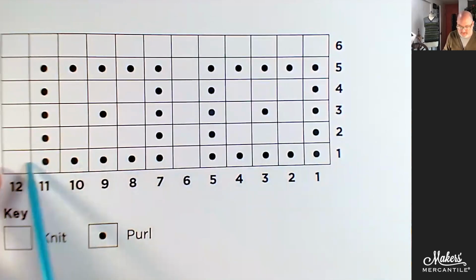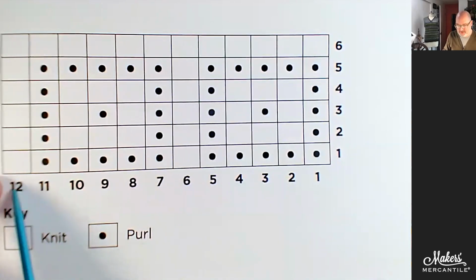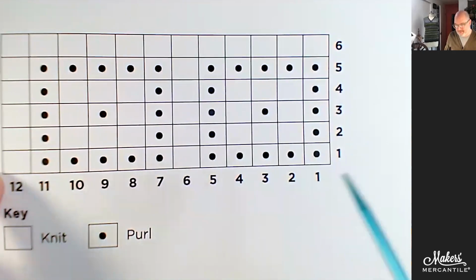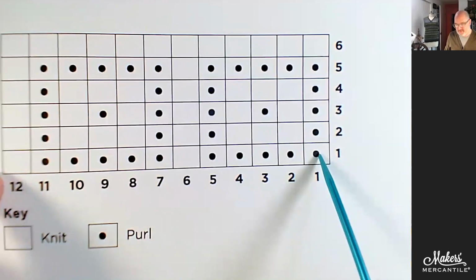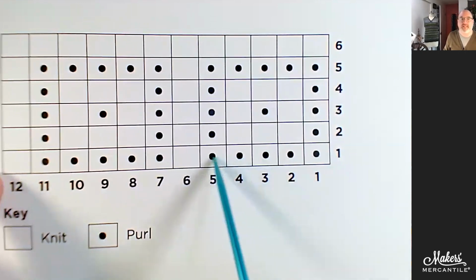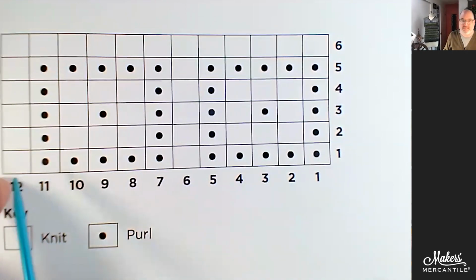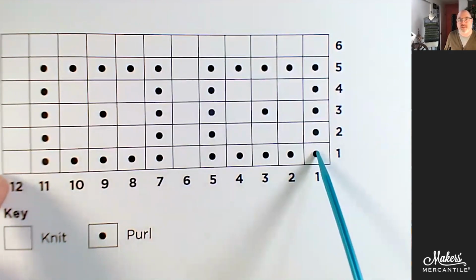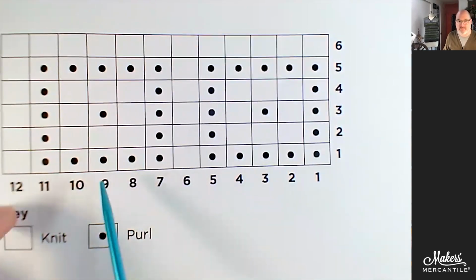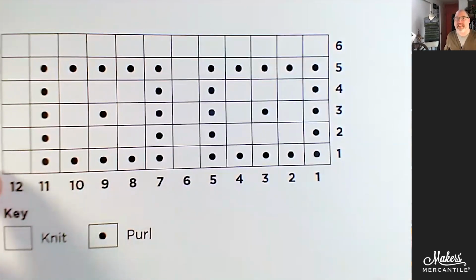You'll work all the way across. After stitch number 12, you might have a marker to separate the two repeats. Go back to the very first stitch on the same round you were on and repeat it a second time. There'd be a marker, a third time, a marker, and a fourth time, and a marker. And then you are at the end of your round.